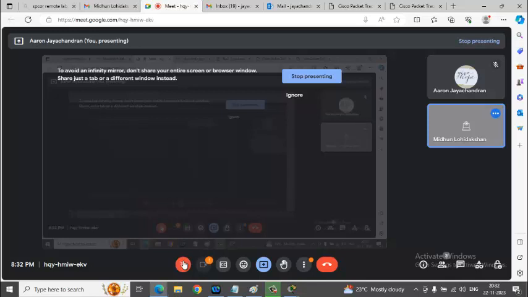Split horizon is, I want to tell you again, enabled even before we enable RIP. Don't think that split horizon is something which is enabled after you enable RIP. Or don't think that split horizon comes along with RIP.